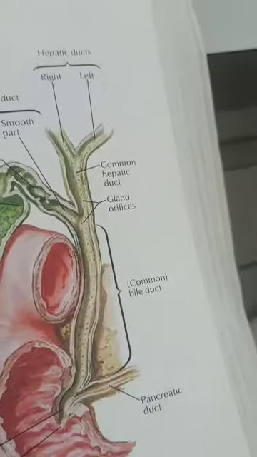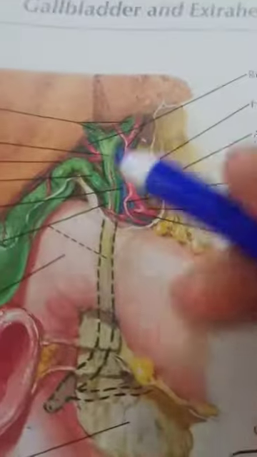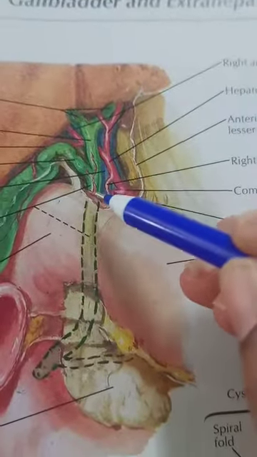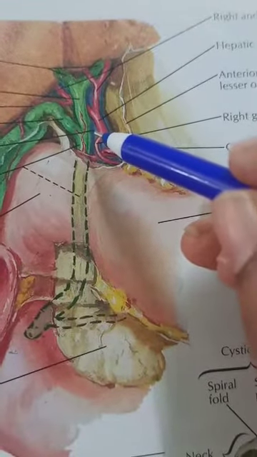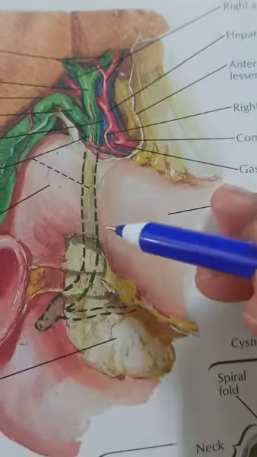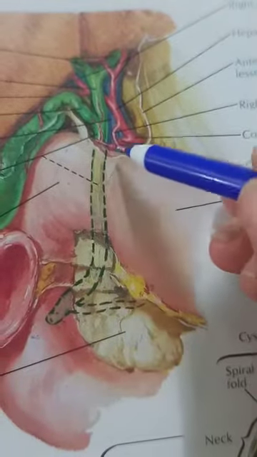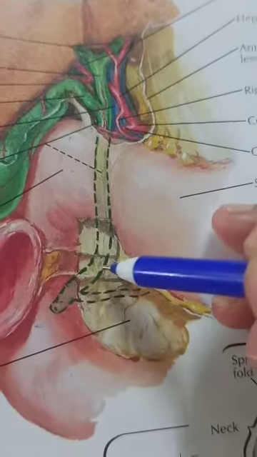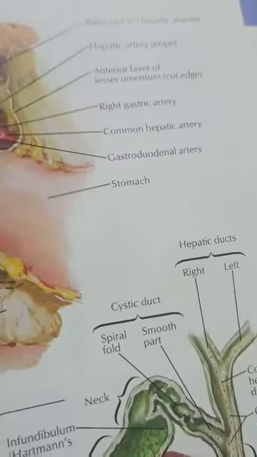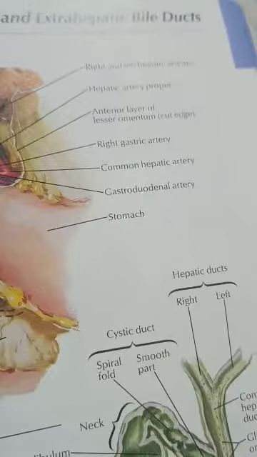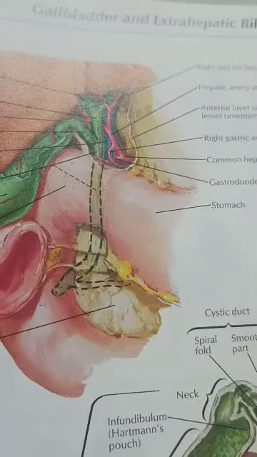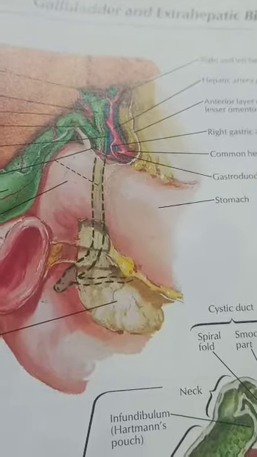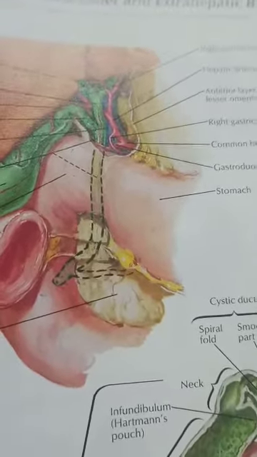So the bile duct runs downwards along with the hepatic artery and the portal vein, and deep to the first part of the duodenum. Then it descends behind the first part of the duodenum, then behind the head of the pancreas, and reaches and joins with the main pancreatic duct.